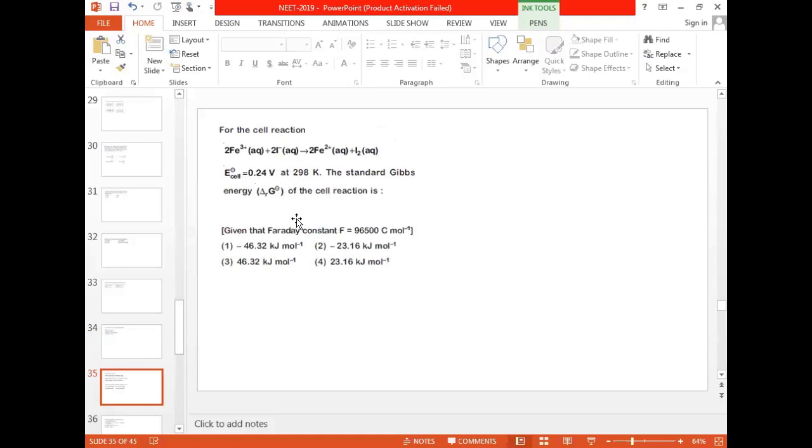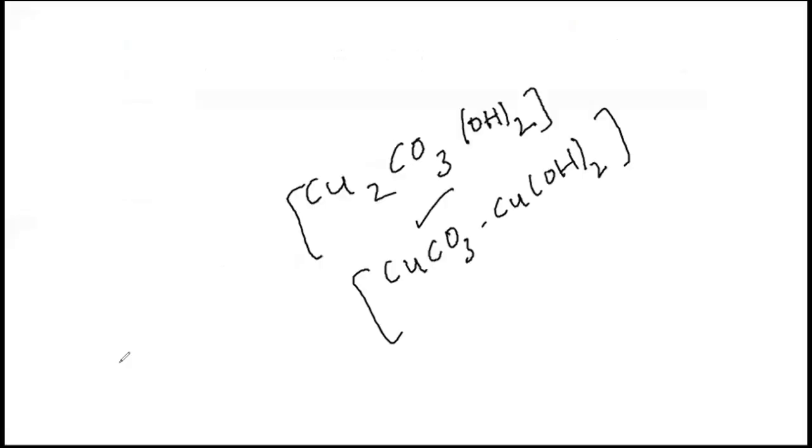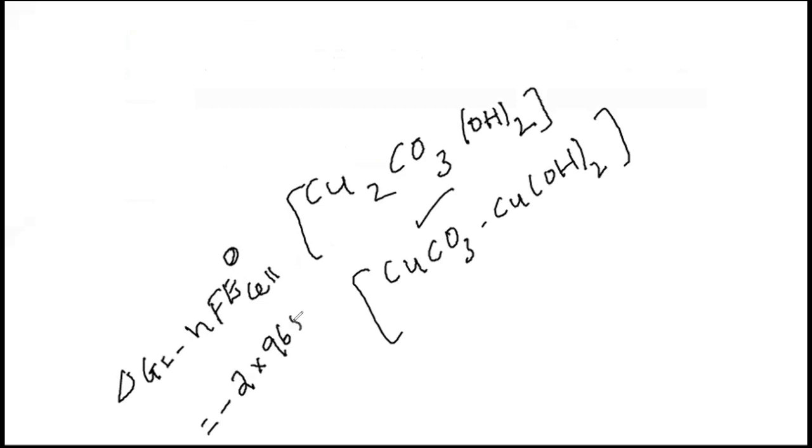Here, what is the n value? I am taking 2. E naught cell is given, and I am going to calculate the free energy. The formula is delta G equals minus nF E naught cell. n is 2, F is 96,500 coulomb, E naught cell is 0.29.